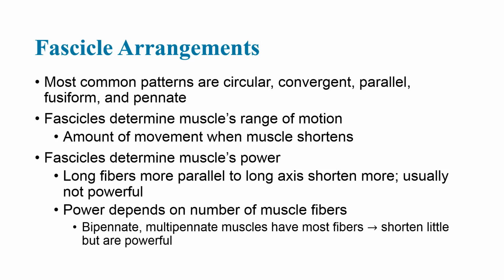Long fibers are able to contract along their long axis more, but they're usually not very powerful. Your power actually depends upon the number of muscle fibers. Since your bipinnate and multipinnate muscles have the most muscle fibers, they may only shorten a little because they're short fibers, but there's a lot more power to their contraction.